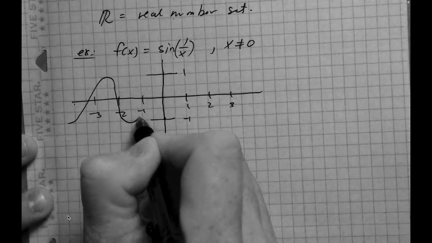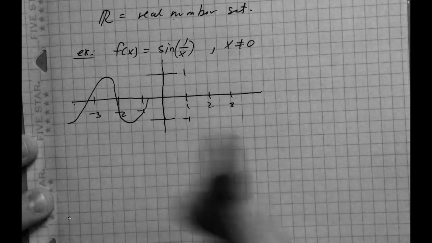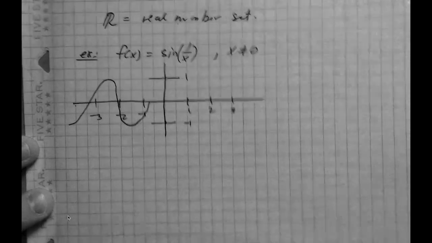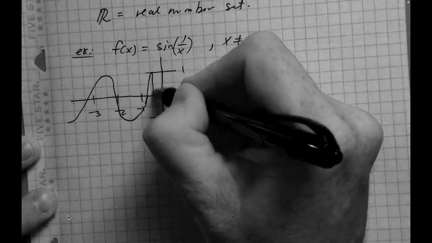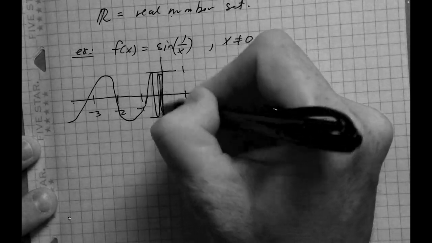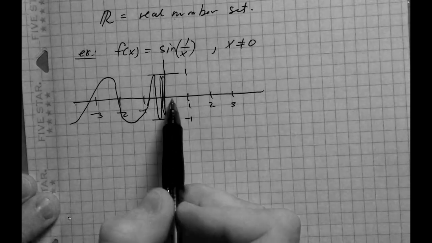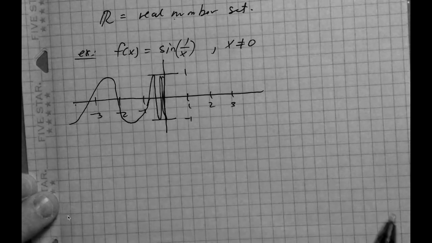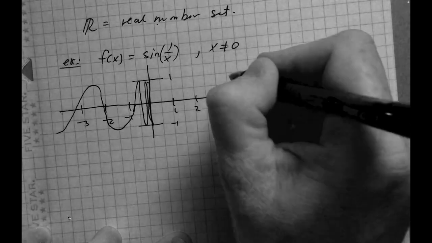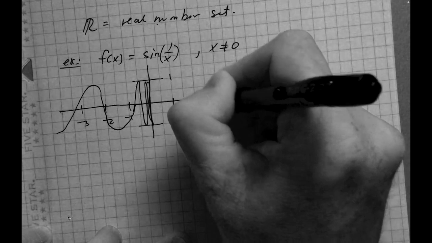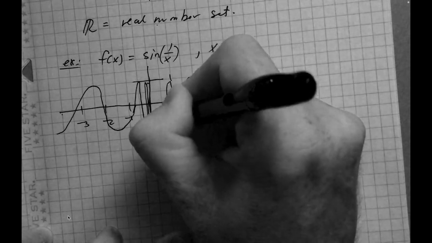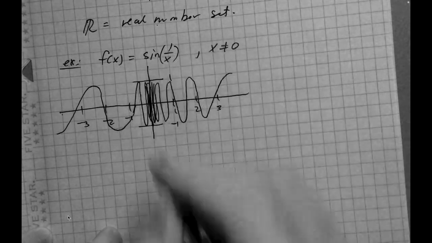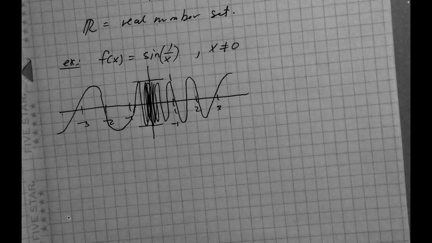So it's going to kind of come in, this is obviously kind of me riffing on the idea of the sine function. But what it's going to do is it's going to get very, very close to 0. And as it gets closer and closer to 0, the rate of the oscillation will increase really dramatically. And it does the same thing from the other side until right in the middle you're going to have oscillation.